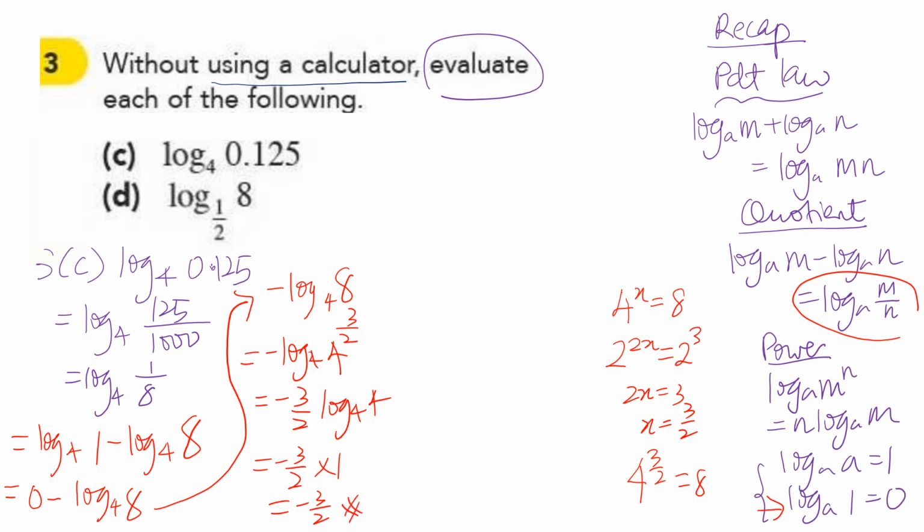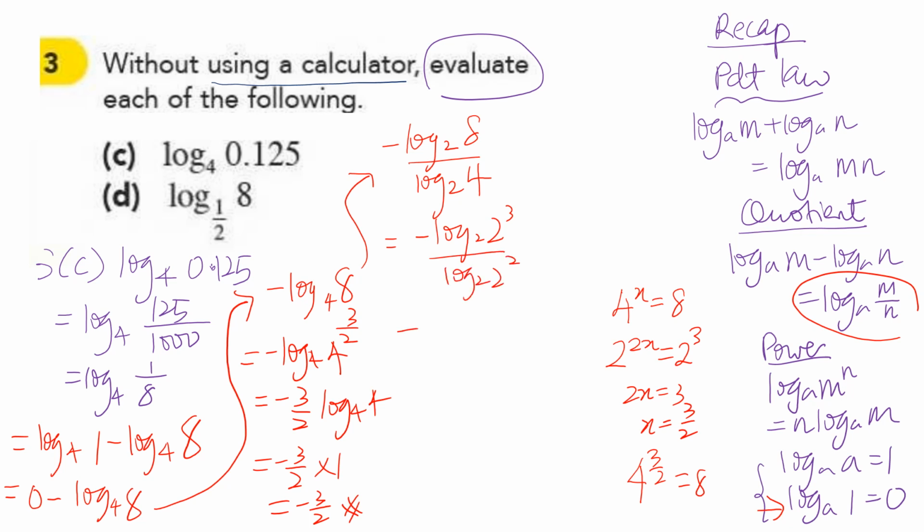A second way is to change it to base 2. Then this is how you get it: negative log base 2 of 8 over log base 2 of 4. 8 is 2 to the power of 3, and 4 is 2 to the power of 2.